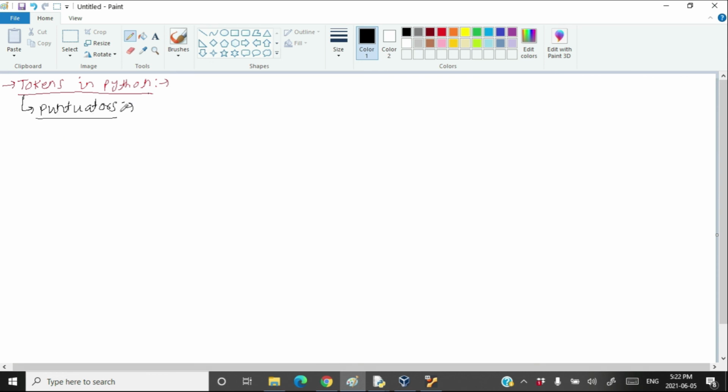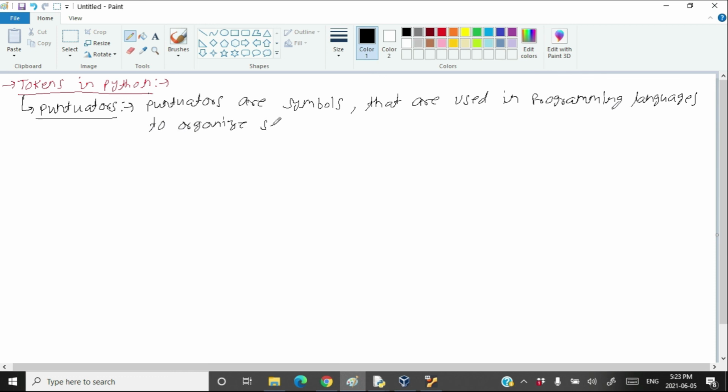Punctuators are symbols that are used in programming languages to organize sentence structure and indicate the rhythm and emphasis.